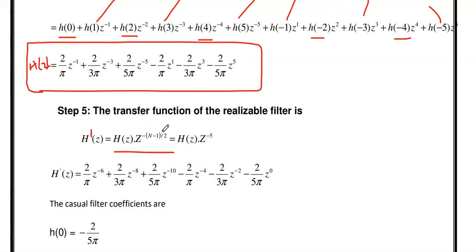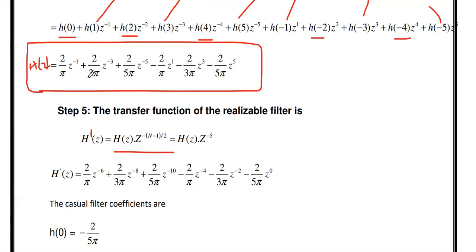So we solved the previous problem in the Fourier series method, and in the windowing method also we are using the same technique. If the transfer function is having only z power minus terms, that is a physically realizable term. But you see here, three terms are negative z power, three terms are positive z power. So in order to convert this positive z power into negative z power, we have to multiply it with z power minus 5.